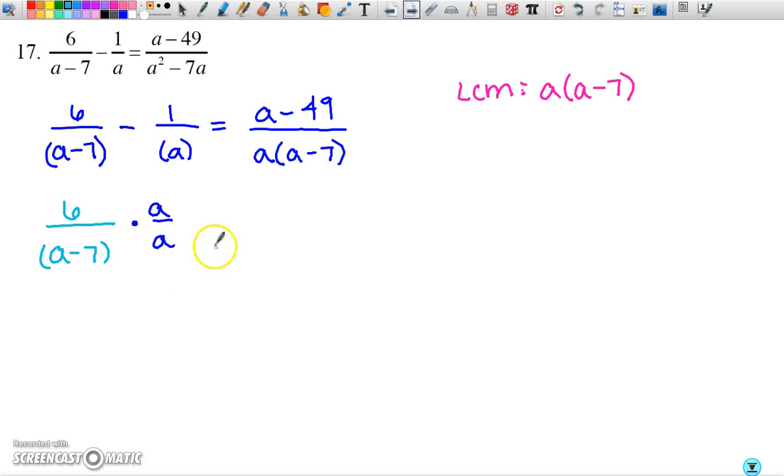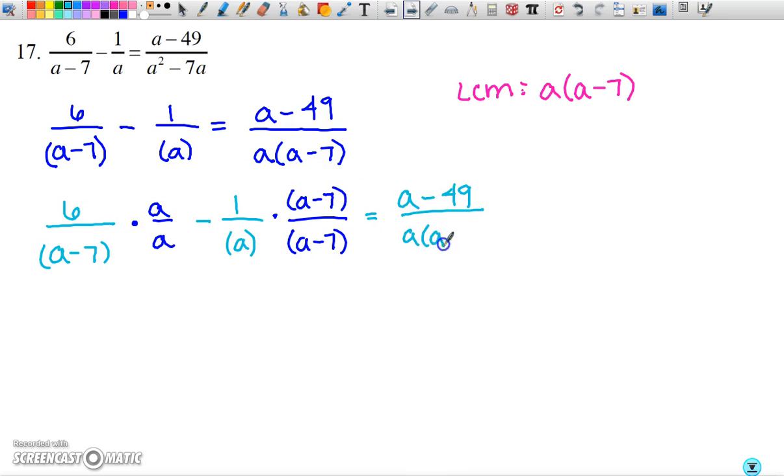And then we will subtract 1 over a and multiply by the piece it needs, which is a minus 7 over a minus 7. And then set that equal to a minus 49 over a times a minus 7.